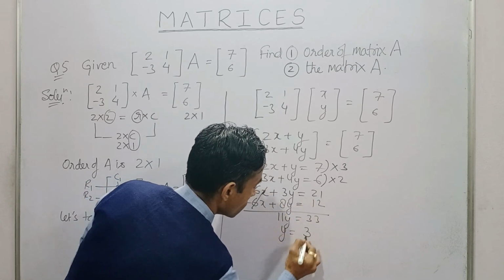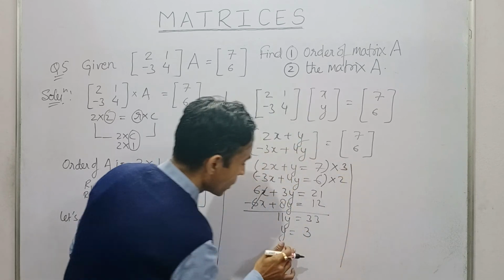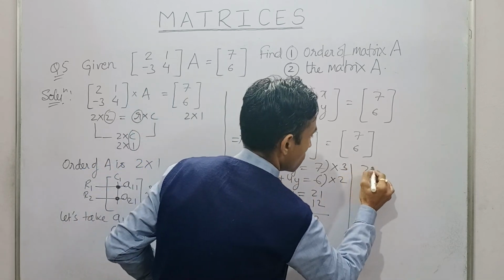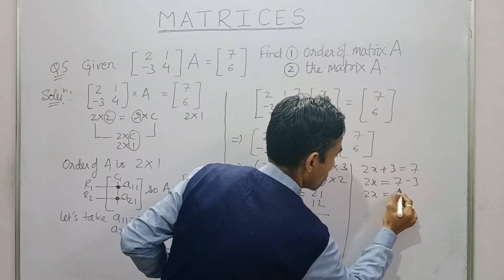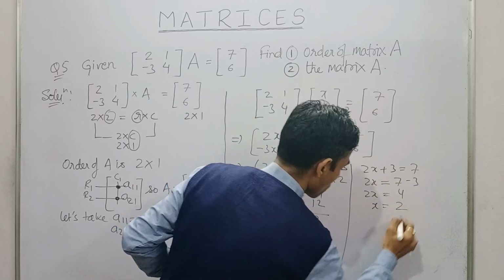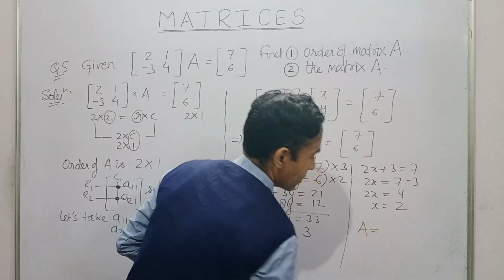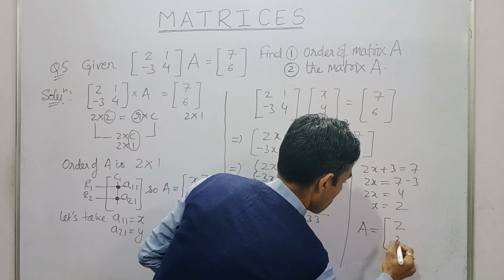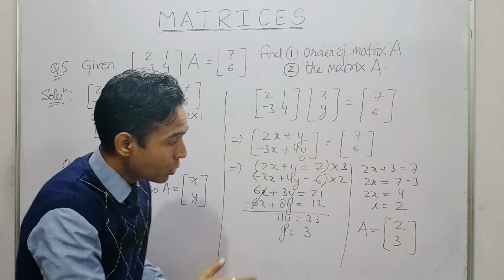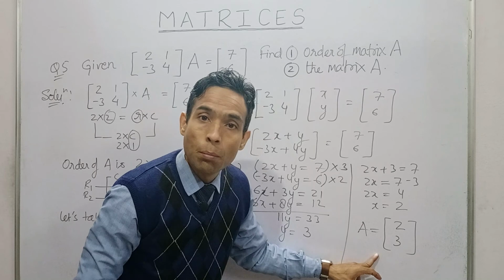So the value of y is 3. Putting y in one of the equation, so the value of x is 2, and hence the value of matrix A is this. Make sure that you may leave your answer in the matrix form.